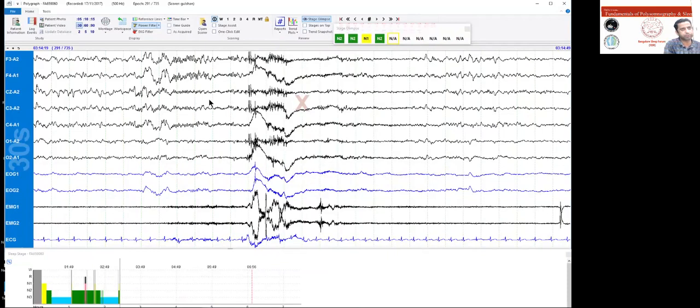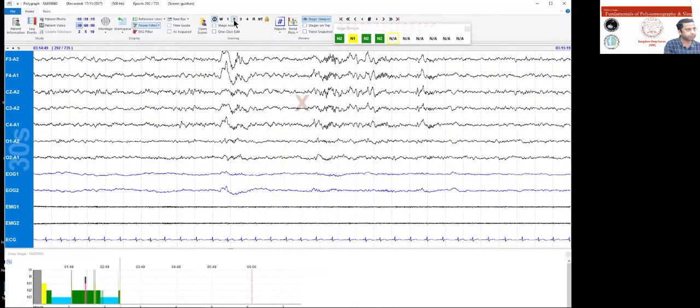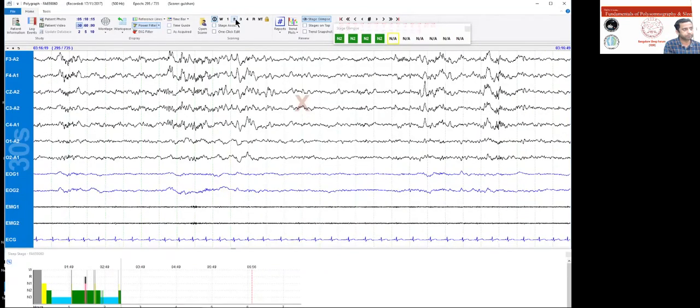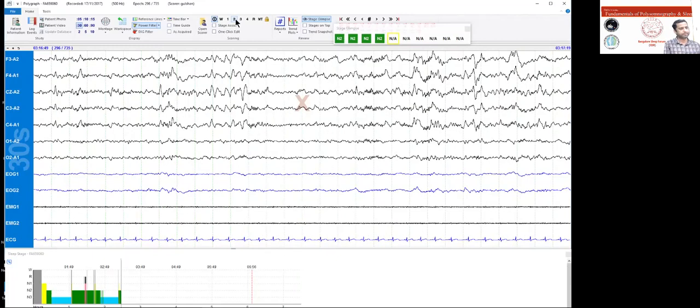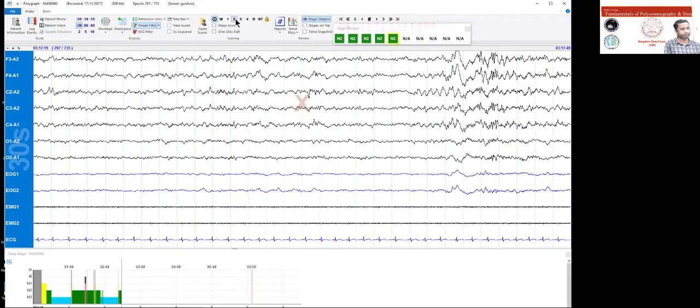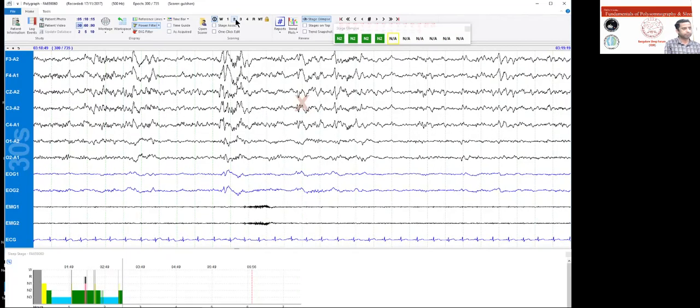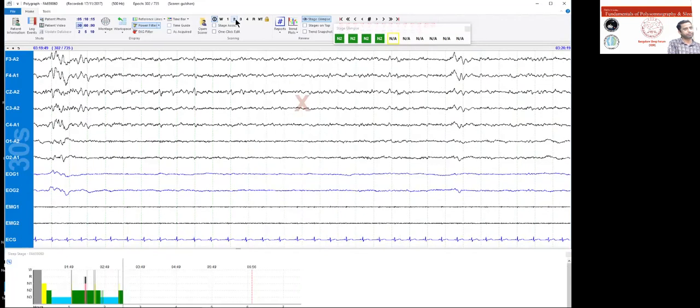It's not associated with the K complex. So N2. Second K complex, and N2.